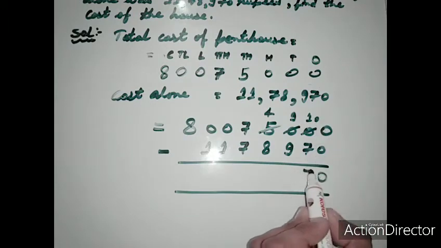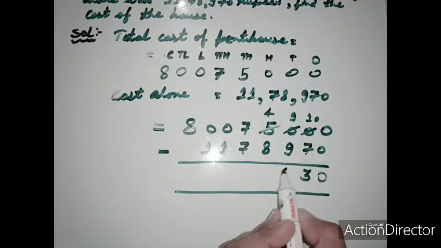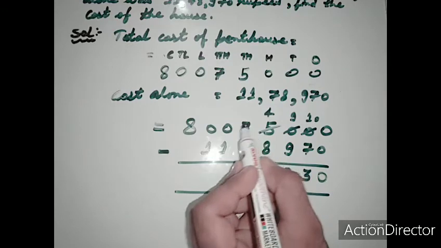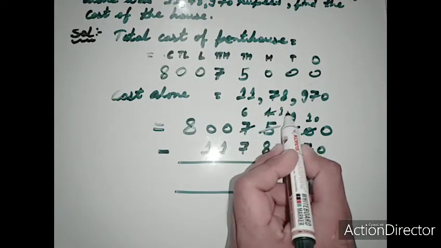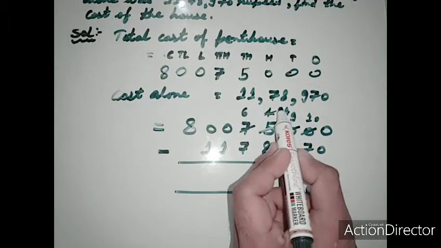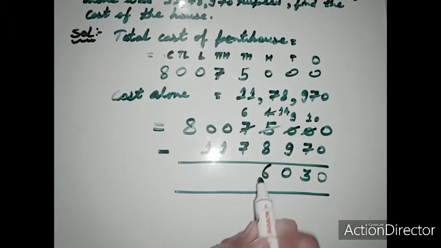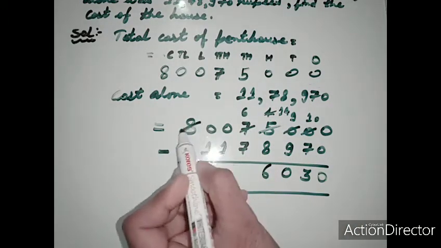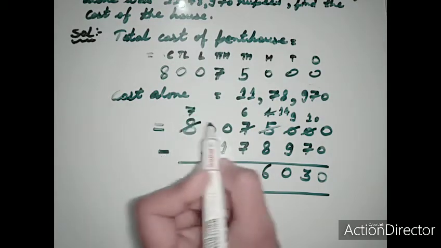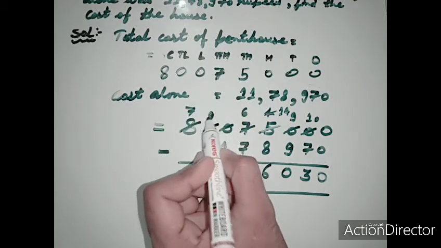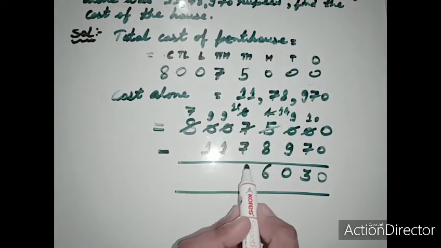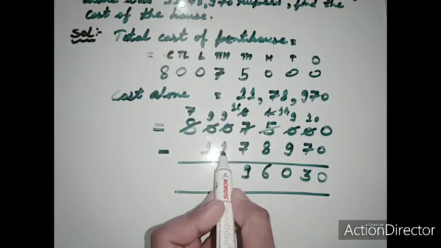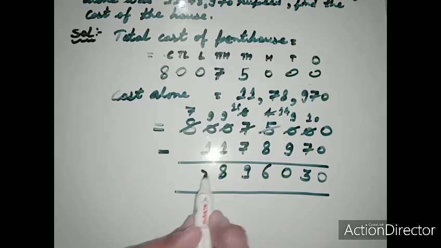10 minus 7, 3. 9 minus 9, 0. Now here we take one borrow from here. This number changes into 6 and this number changes into 14. 14 minus 8, 6. Now here we take one borrow from here. So this number changes into 7. Here 9, 9 and this number changes into 16. 16 minus 7, 9. 9 minus 1, 8. 9 minus 1, 8 and here is 7.